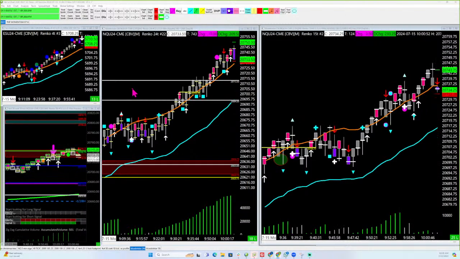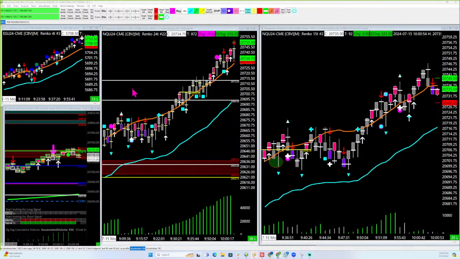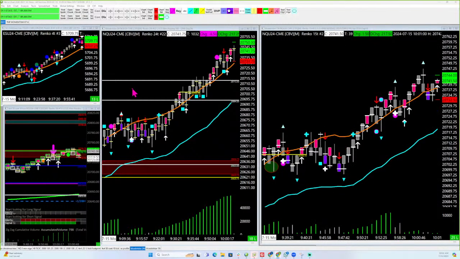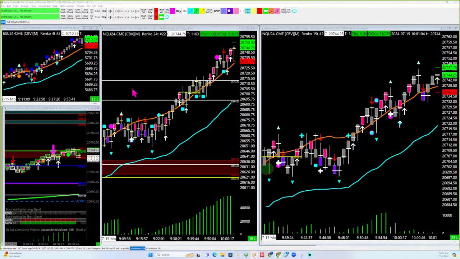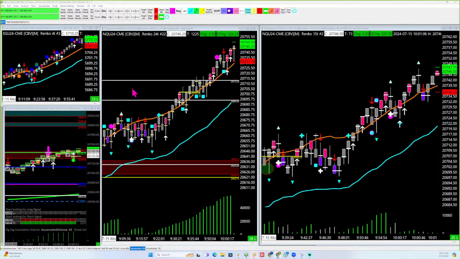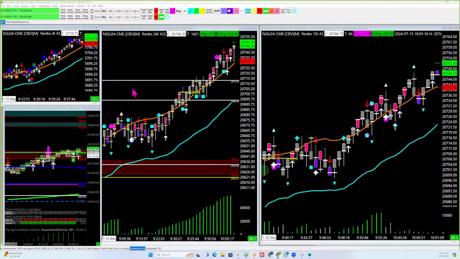Crazy. Look at that. Choo choo. This is the Trump is going to win rally, is what they're going to label this. Just nutty. But that's okay.